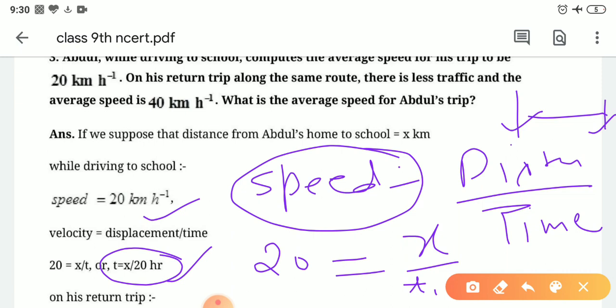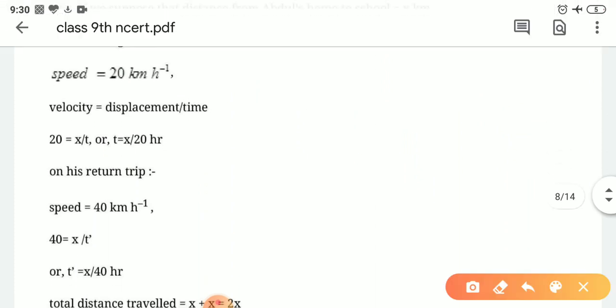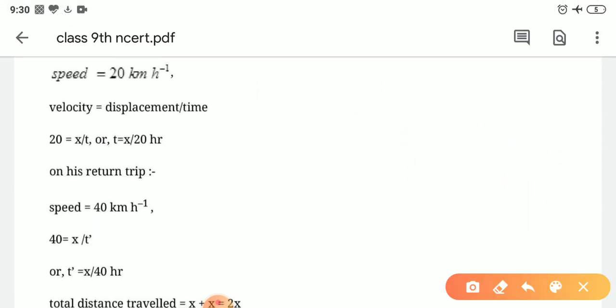Now another case, when he is returning, then at that time also we will find the time taken. In the second case, on the return trip, his speed is increased by 20. It means that now the speed is 40 kilometer per hour. The same thing, speed equals distance upon time.